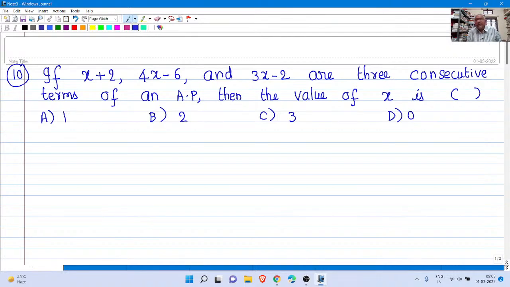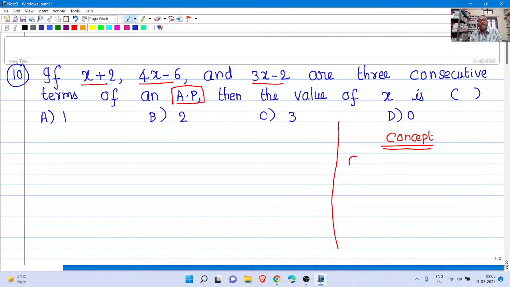See, my dear students, x plus 2, 4x minus 6 and 3x minus 2 are in AP, arithmetic progression. Here we need to use this concept, whenever this kind of problem is given.